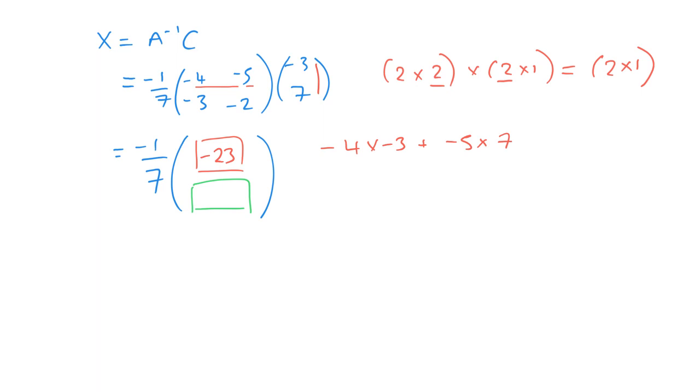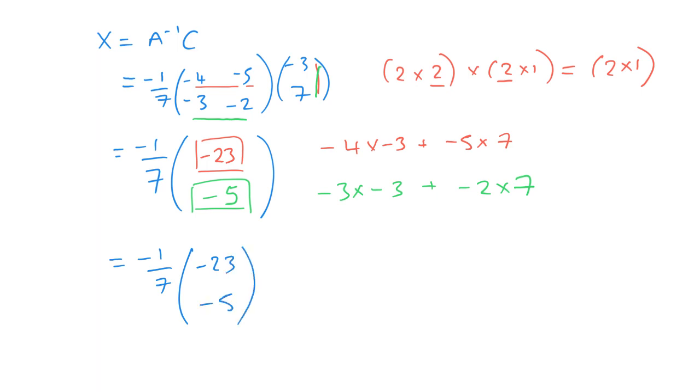And then the green box is going to be the second row, first column, so we multiply the second row by the first column. So it's minus 3 by minus 3 plus minus 2 by 7, which gives us minus 5. So we would just leave our answer as minus a seventh upon minus 23 over minus 5.